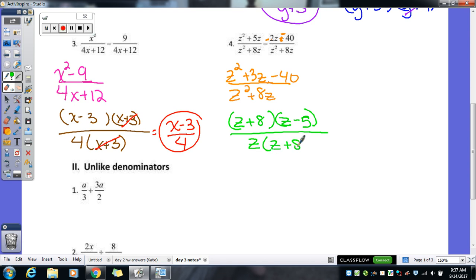GCF. Got to take out a z, and then we're left with our z plus 8. So our z plus 8's cancel, and we're left with a z minus 5 over z. That's our final answer for that one.